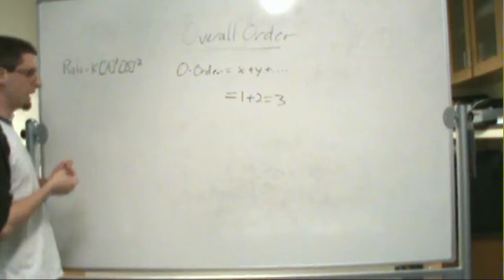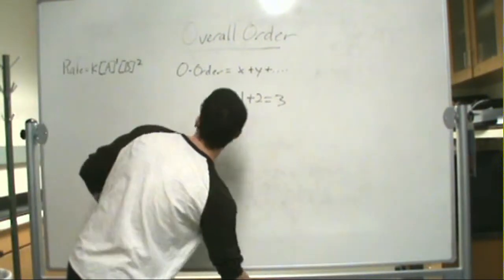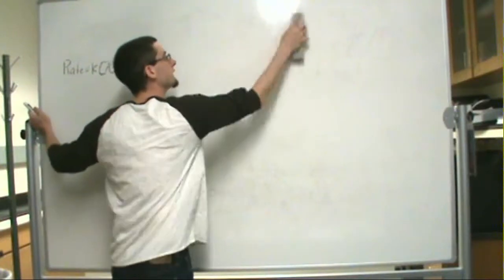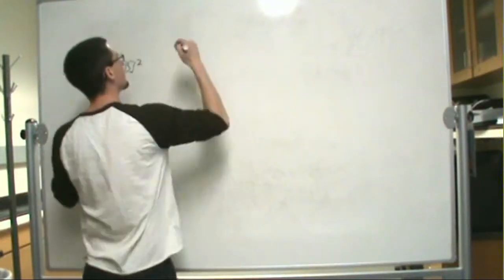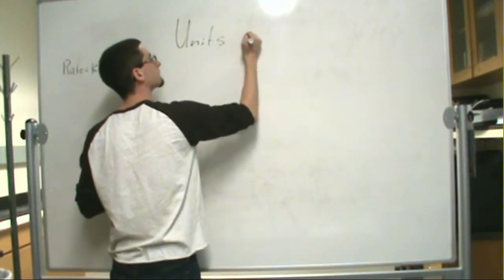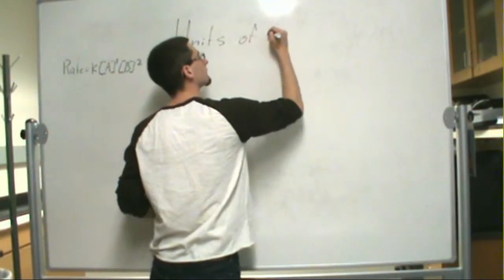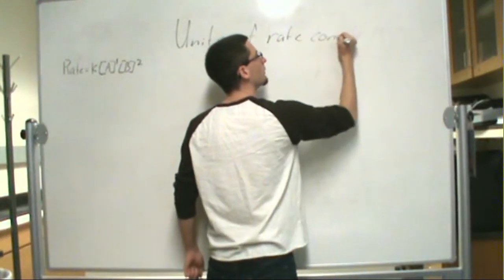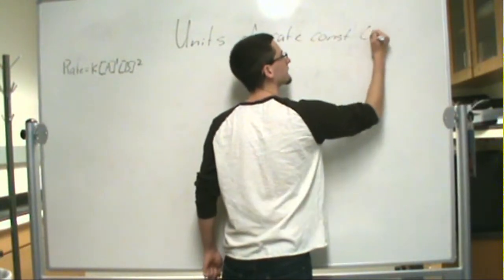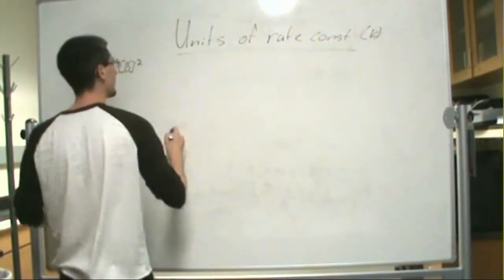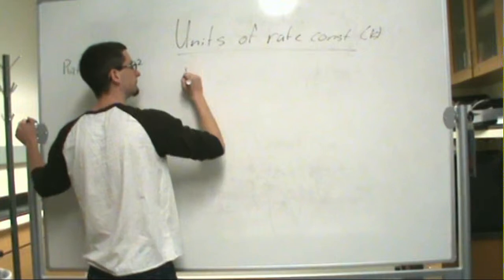All right. Next, what about the rate constant? How do we figure out the units of the rate constant, which is that little k? Let's take our generic reaction again.